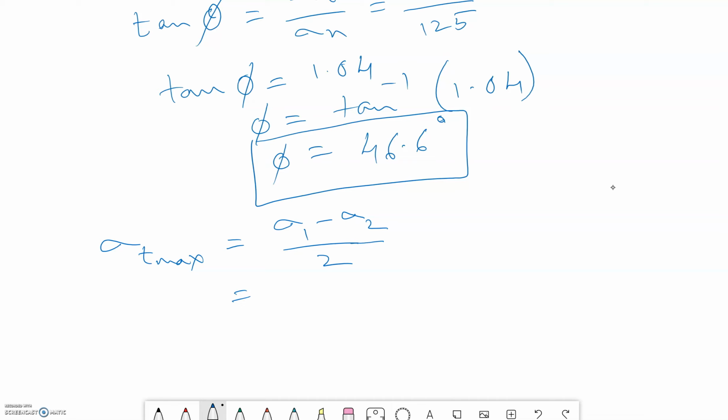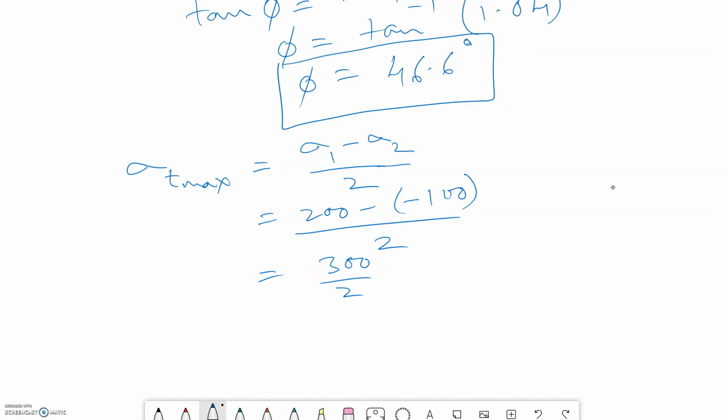So substituting, 200 minus of minus 100 by 2, which is equal to 300 by 2, that is 150. This is sigma t max.